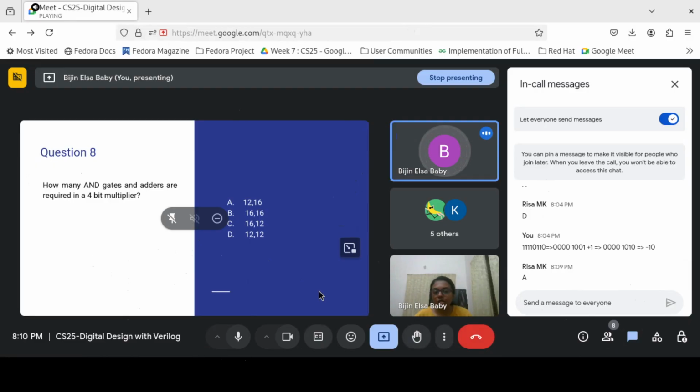So 4 into 4, 16 AND gates. Then the adders, that is n minus 1 into n. That is 3 into 4, 12. So option C is the right answer. 16 AND gates and 12 adders.